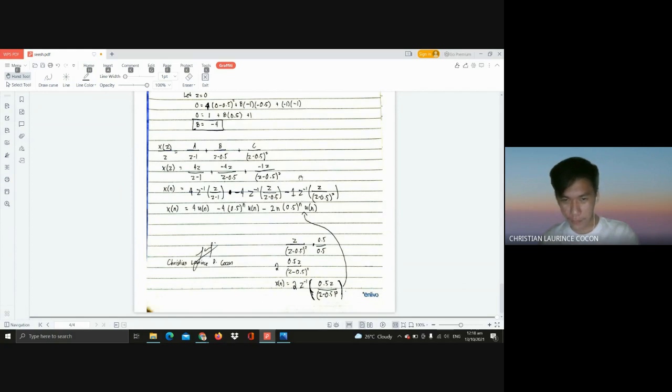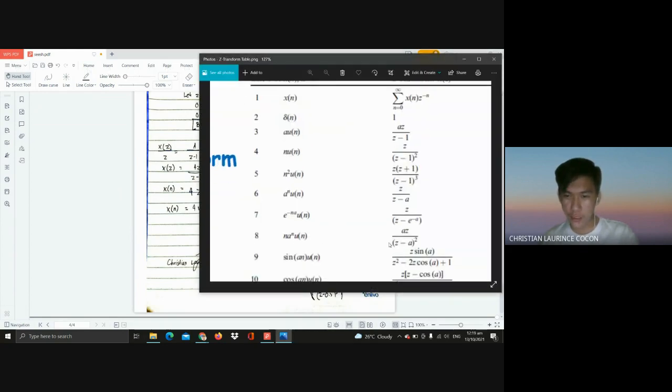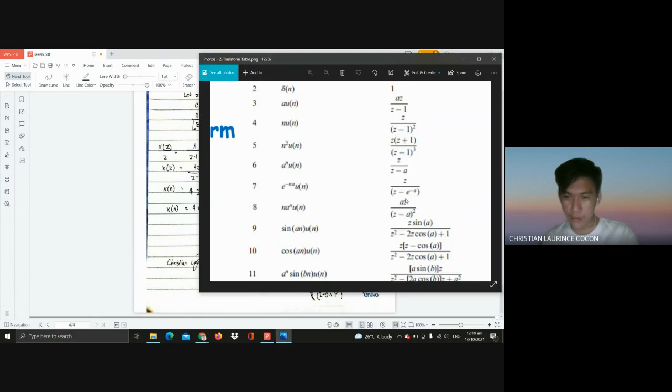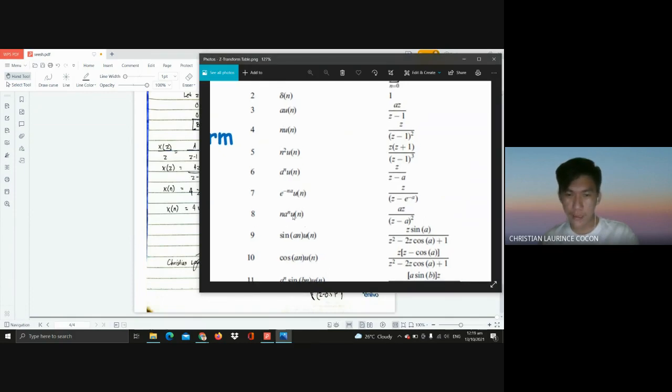For the last term, you cannot find a matching form, so I manipulated it. We have z over (z minus 0.5) squared. I multiplied the numerator and the denominator by 0.5, so I got 1 over 0.5, which is 2, multiplied by 0.5z over (z minus 0.5) squared, which we can now see in the table.